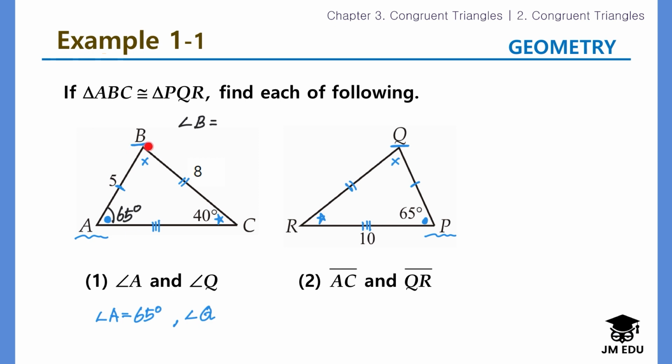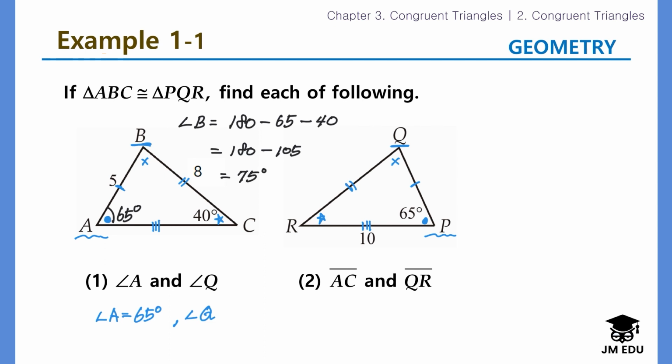So angle B must be equal to 180 minus these two angles. 180 minus angle A, 65, minus angle C, 40, so 180 minus 105, that's going to be 75.